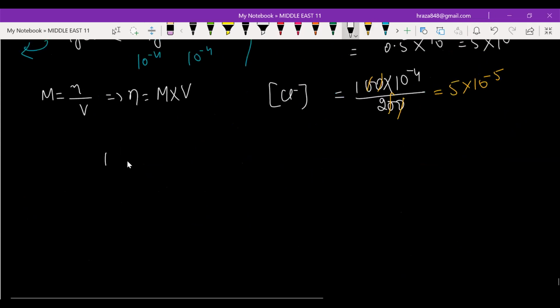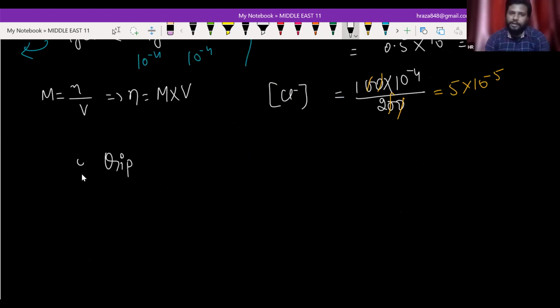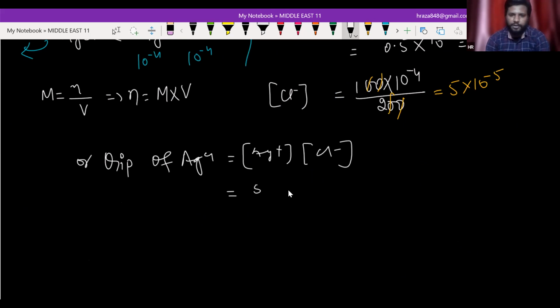Now to find QIP of AgCl: QIP of AgCl will be equal to Ag plus into Cl minus. Ag plus has a concentration 5 into 10 raised to the power minus 4, into Cl minus, which has a concentration 5 into 10 raised to the power minus 4, and this will give 25 into 10 raised to the power minus 8.